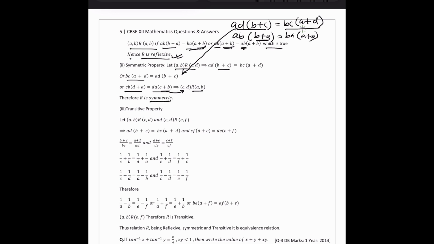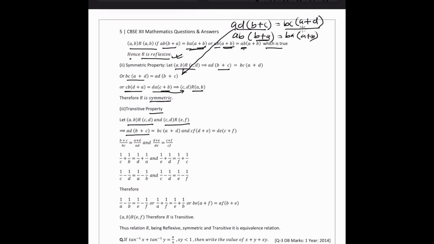Now to prove transitive. Why are we doing reflexive, symmetric and transitive? Because we have to show it is an equivalence relation. Let us take this: AB relation CD and CD relation EF. This is given.